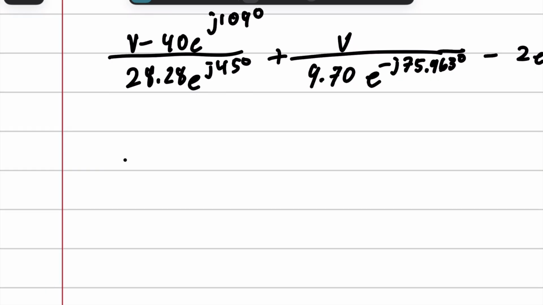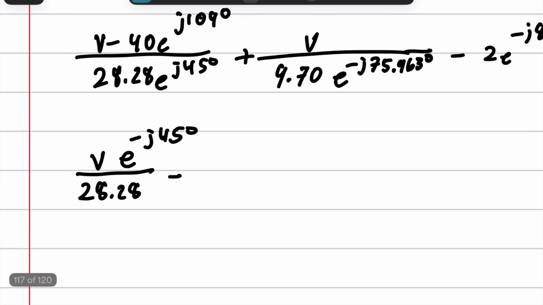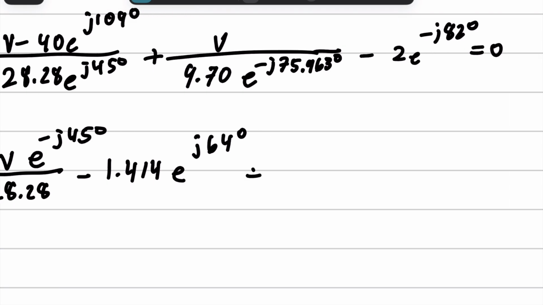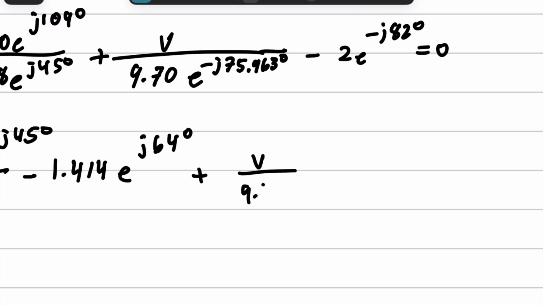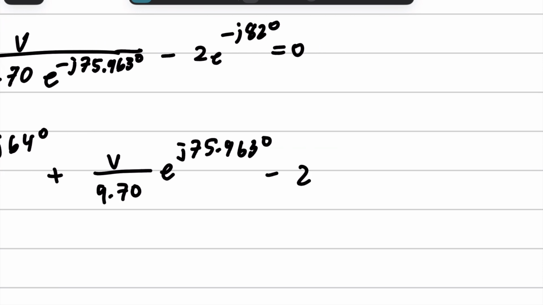This is going to be V over 28.28e^(-j45°), minus, and 40 divided by 28.28 is going to be 1.414e^(j64°), plus V over 9.70e^(j75.963°), minus 2e^(-j82°) equals 0.